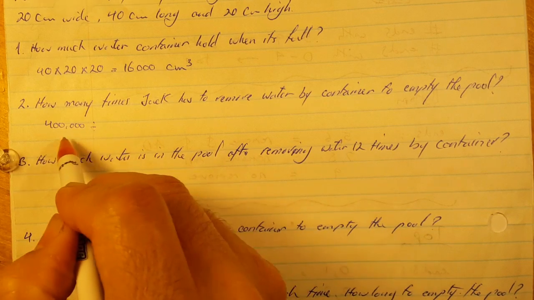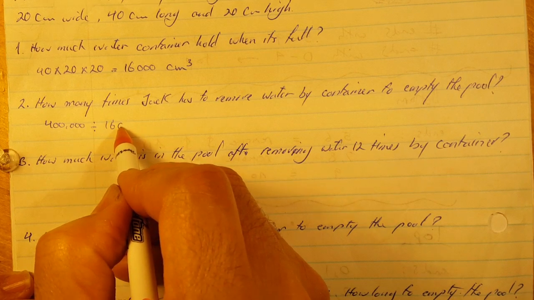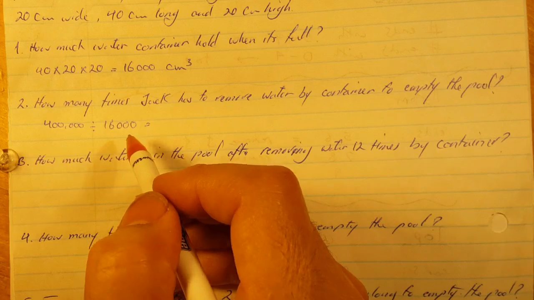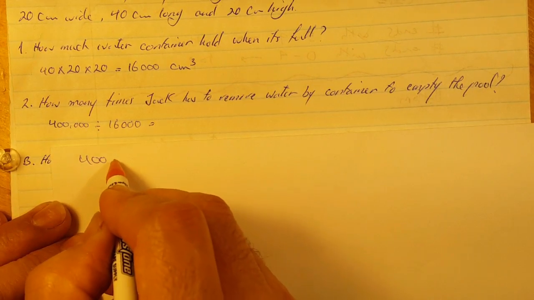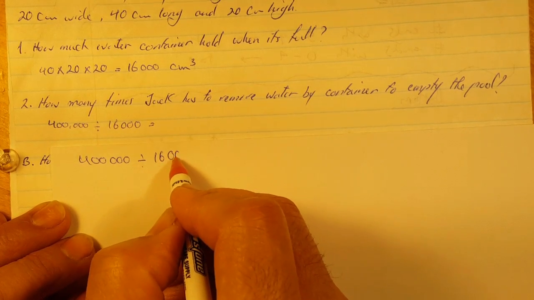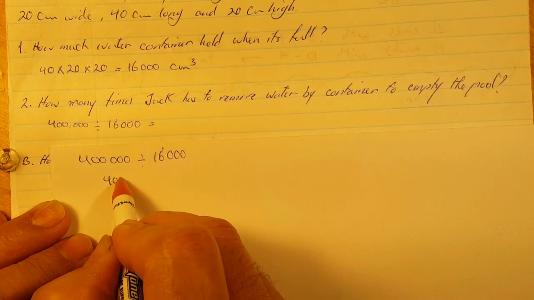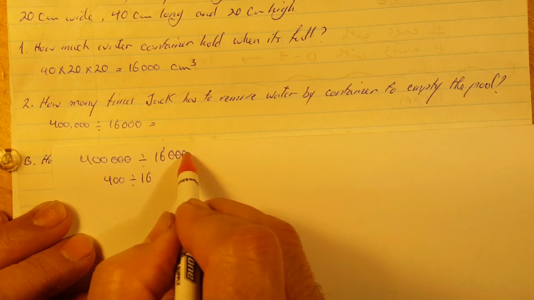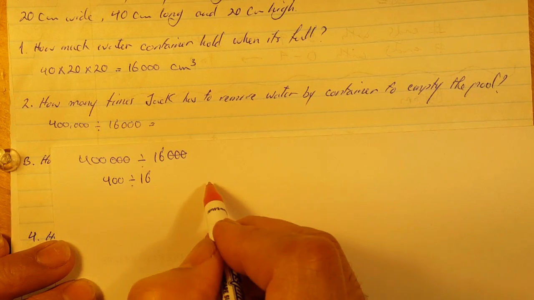So we have to divide 400,000 by 16,000 to find the answer. 400,000 divided by 16,000 is equal to this. 3 zeros we can delete. So it's 400 divided by 16.